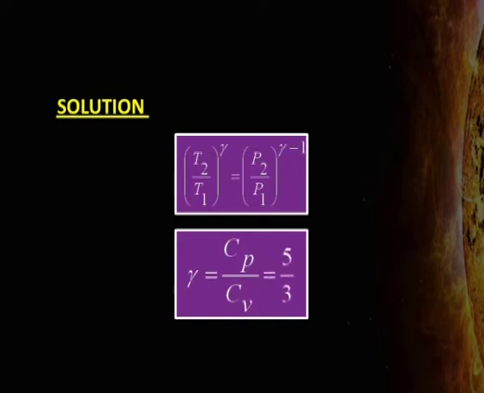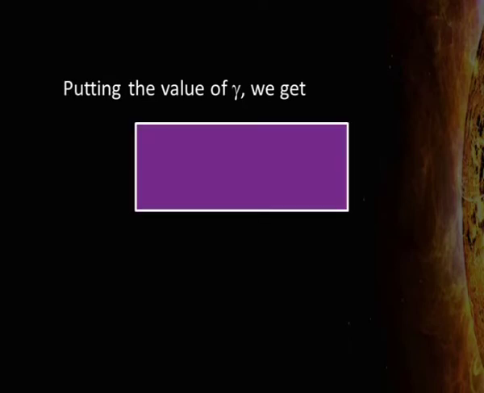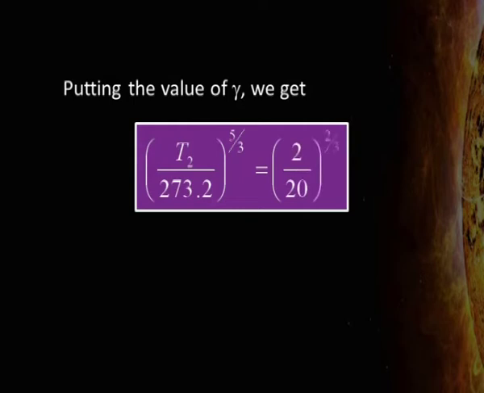Hence, gamma, that is Poisson's ratio, will be equal to 5 by 3. Putting the value of gamma in the given equation, we will get T2 upon 273.2 to the power 5 by 3 is equal to 2 upon 20 to the power gamma minus 1, that is 2 upon 3.